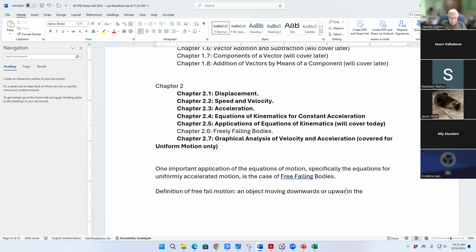An object moving downwards or upwards with an acceleration of g equal to 9.8 meters per second squared, either way, is considered free fall motion. We usually approximate that to 10 meters per second squared. So keep that in mind. Free fall means either upward motion or downward motion, not just downward motion.